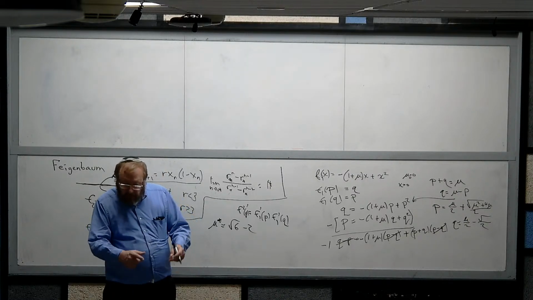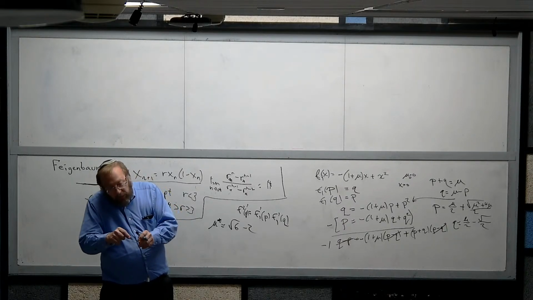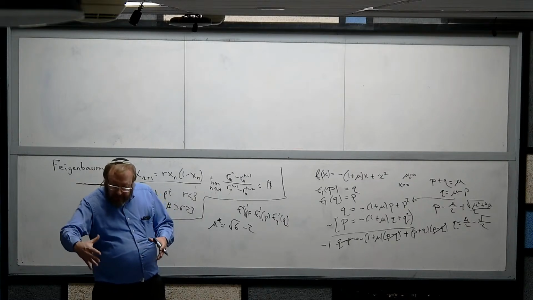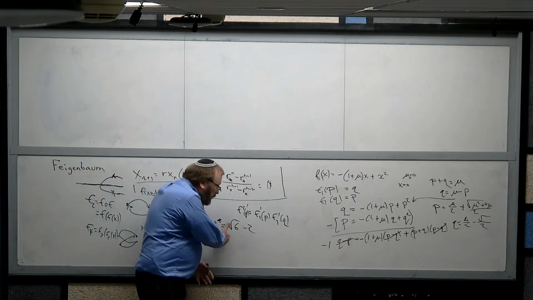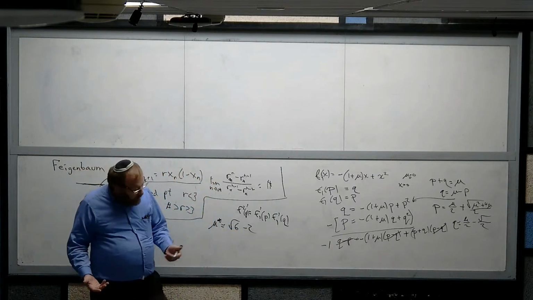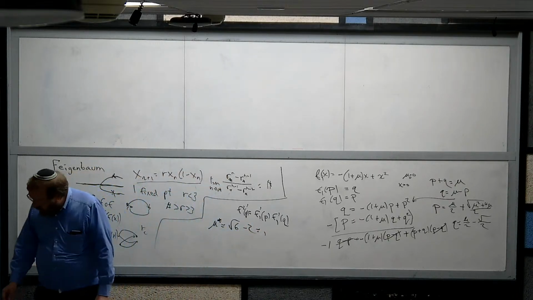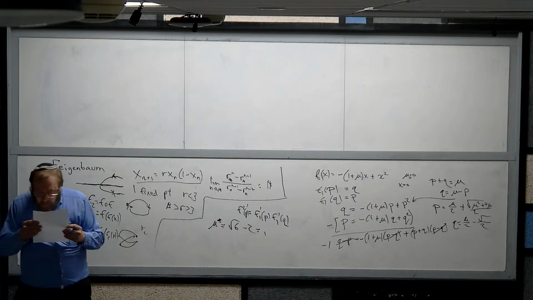That's when it becomes unstable, because it goes from minus 0.999 to minus 1.01, and minus 1.01 means it's unstable because it's growing linearly. And so the instability happens at some value of mu. You work out what that is. It's square root of 6 minus 2 over 2, which is some number, 0.449.